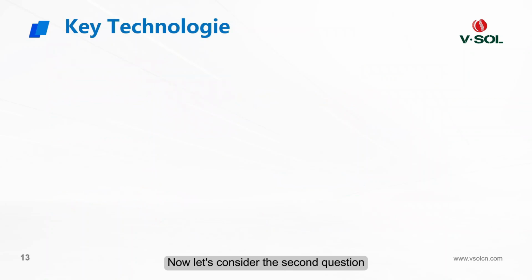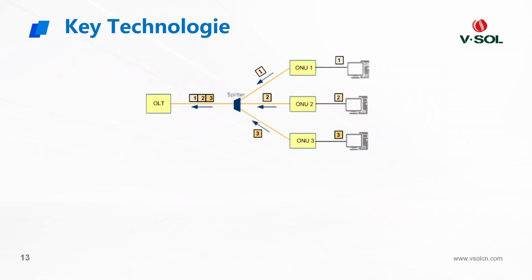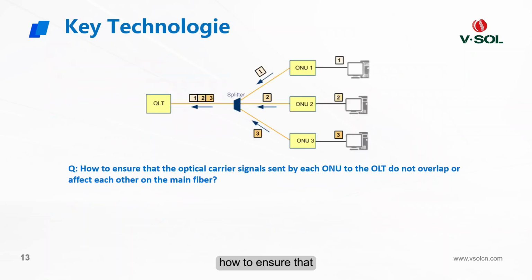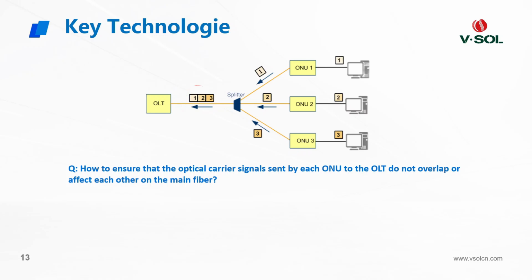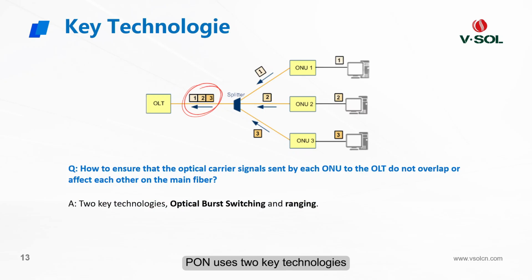Now, let's consider the second question: how to ensure that the optical carrier signals sent by each ONU to the OLT do not overlap or affect each other on the main fiber? To solve this problem, PON uses two key technologies: optical burst switching and ranging.